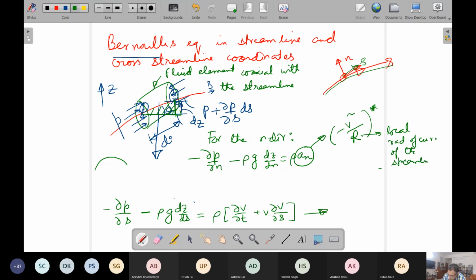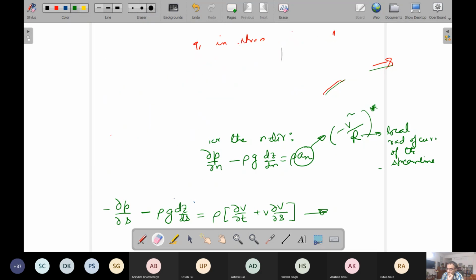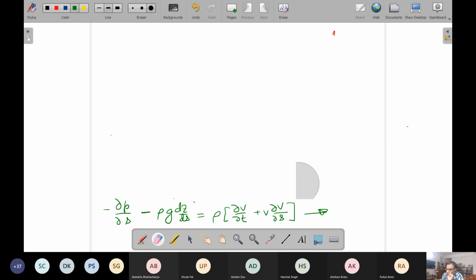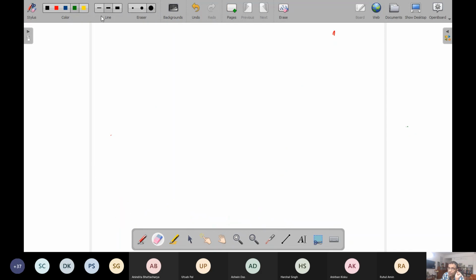Let us work out a problem to close this, so that we get clarity on how to make use of these equations. Not solve the problem fully, but to an extent that you will be able to complete the calculations.